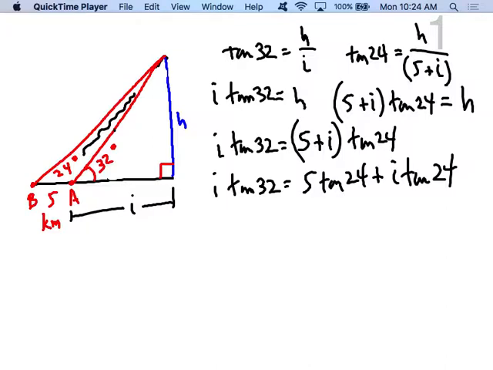So one of the basic ideas behind solving for a variable is move all the variables to one side, move everything else to the other side. Therefore, this puppy is coming over here and that guy stays there. i times the tangent of 32 minus i times tangent of 24 is equal to 5 times the tangent of 24.